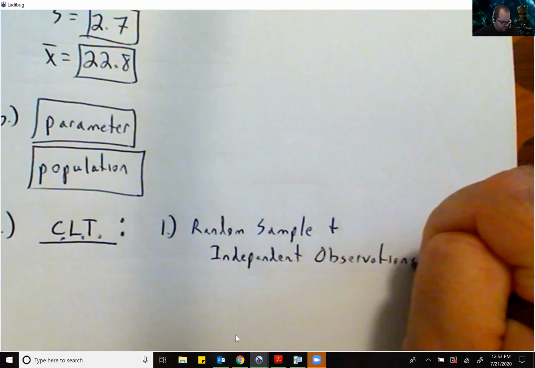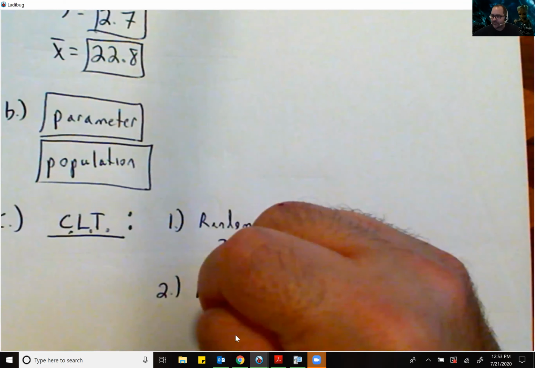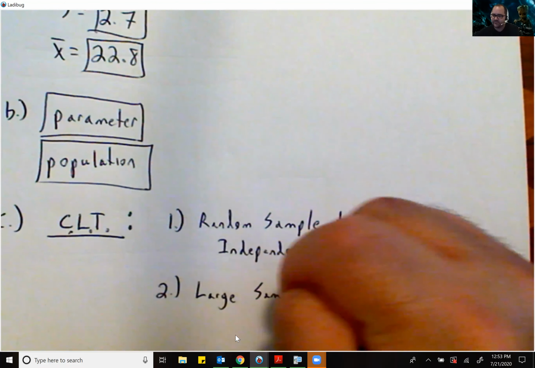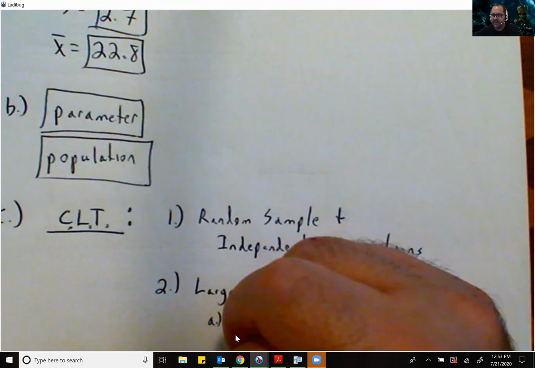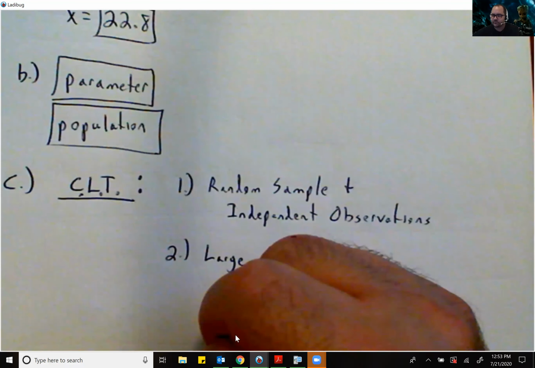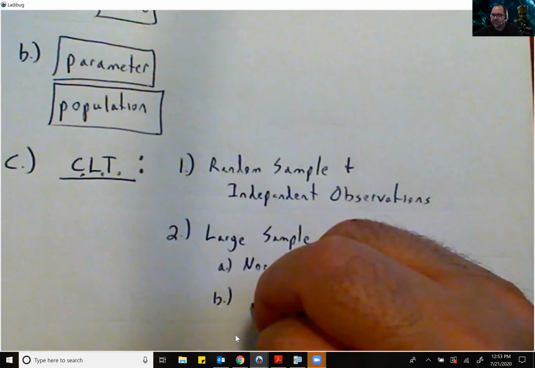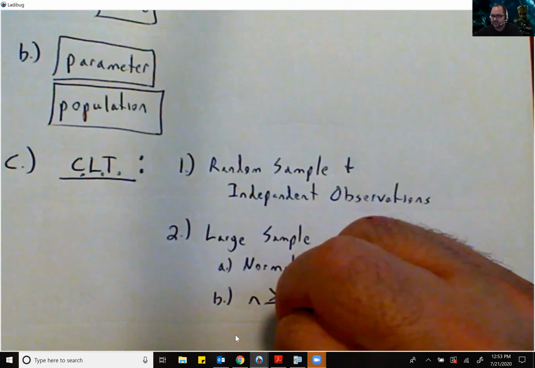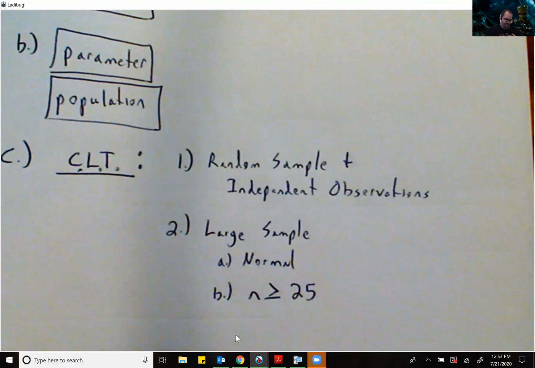2, you have a large sample. And there were 2 ways to check this. You are either normal from the beginning and you're good to go, or if you are not normal, then your sample size had to be at least 25.